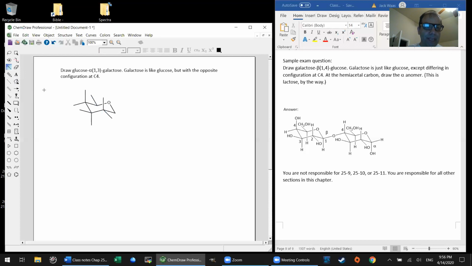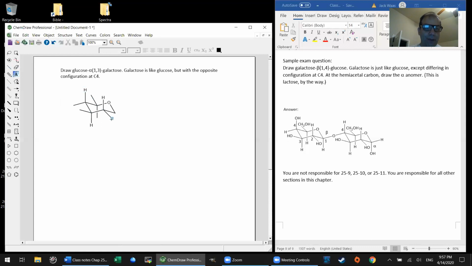I'll leave the anomeric carbon for last once I figure out what's going on there. All of my hydrogens are going to be axial, or all my axial positions will be hydrogens.